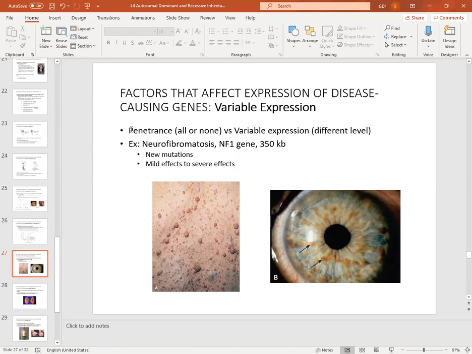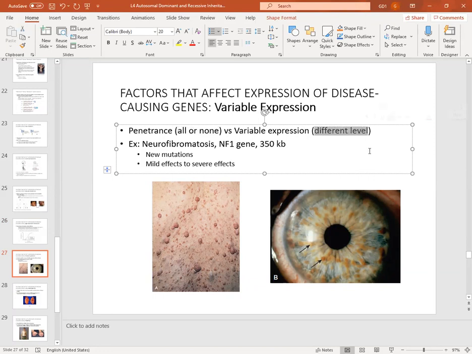So the disease outcome will also occur with variable expression. Variable expression is kind of different from penetrance. Penetrance is yes or no, have the disease, and variable expression is we have different levels.